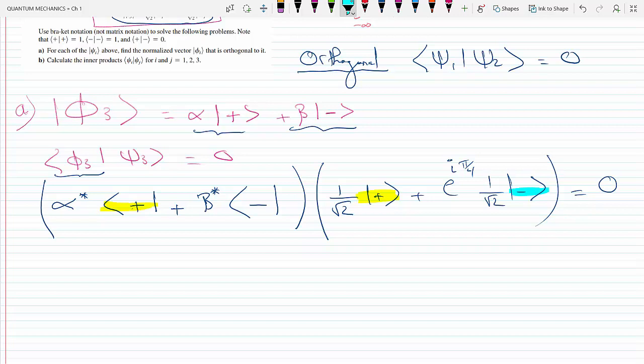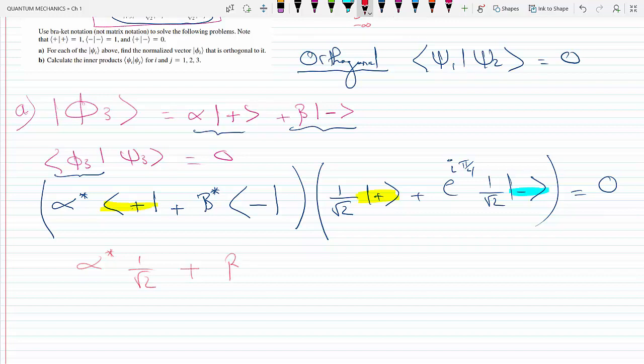Right? So then let's write what we get from this. So spin up, this is just going to get us alpha star 1 over root 2, right? Plus same thing for the spin down. When it foils on the spin up, it's going to be 0, and when it foils on the spin down, it's going to be 1.